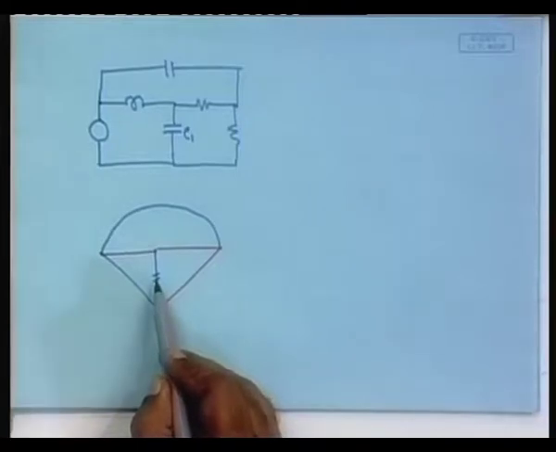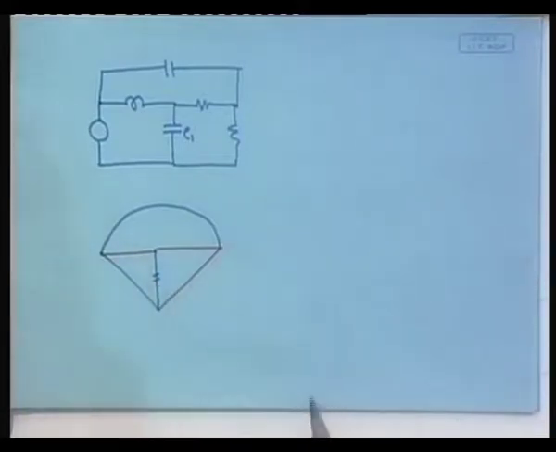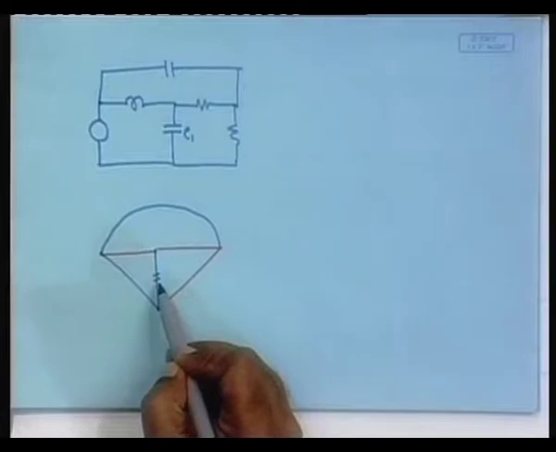Where do we start? KCL at what? Yes, which cut set? The basic cut set involving this particular branch.